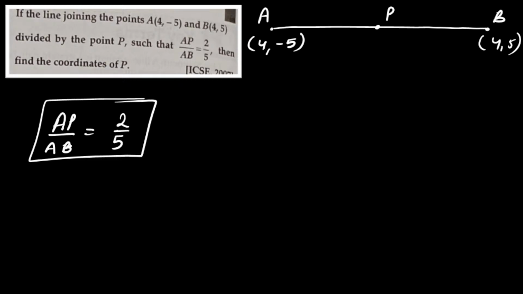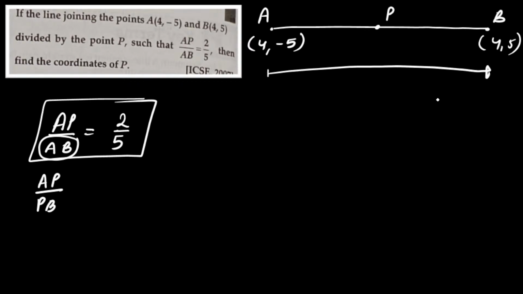We need the ratio of AP and PB, but here they have given us AB, which is this full line segment. This is a very important thing: you have to always consider the ratio of two parts.